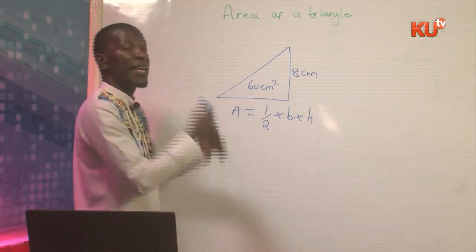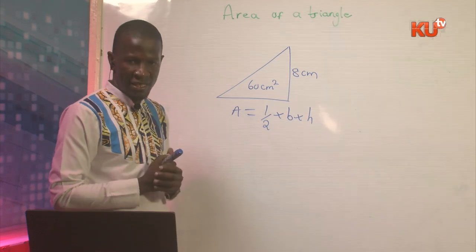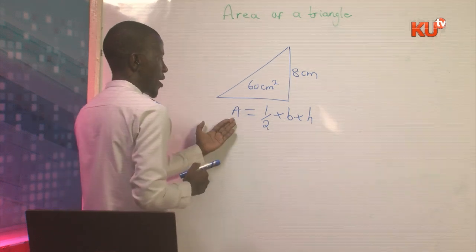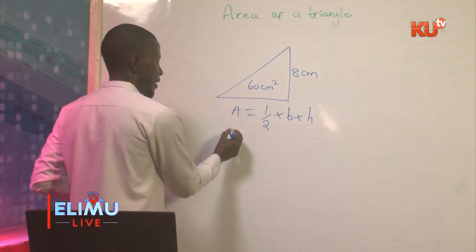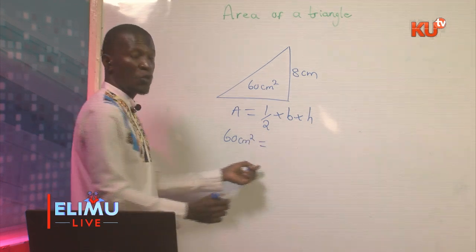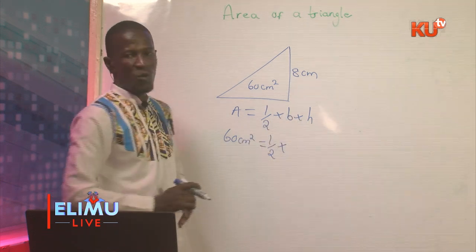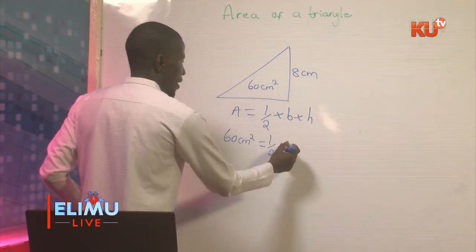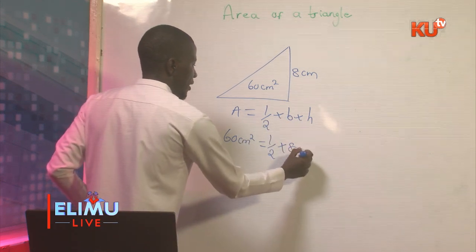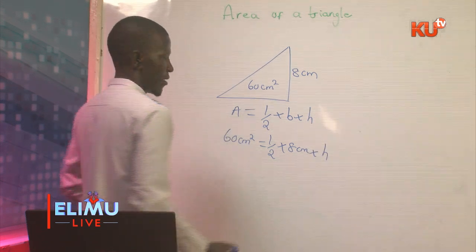A here represents the area. And have we been given the area? Yes. What is our area? Our area is 60 centimeters squared, which is equal to a half times base. What is our base? Our base there is 8 centimeters times our height, which you have not been given.